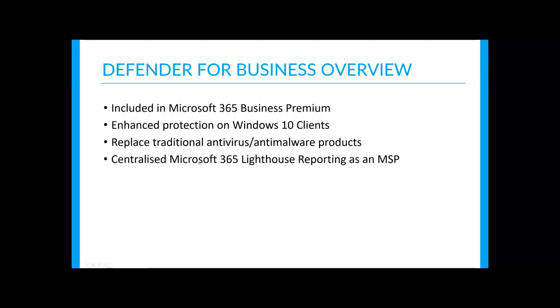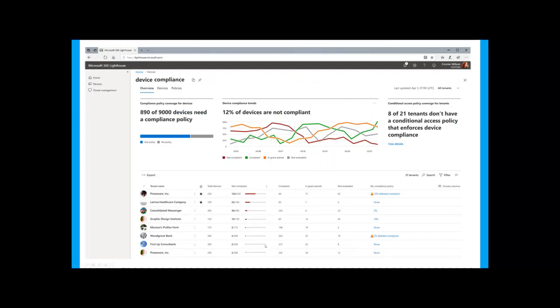It also allows an MSP to look at centralized management. So we have a product called Microsoft 365 Lighthouse. What that does is allows an MSP to basically see an overview of all of the devices that they're currently looking after on behalf of their customers, and basically then action and fix those things.